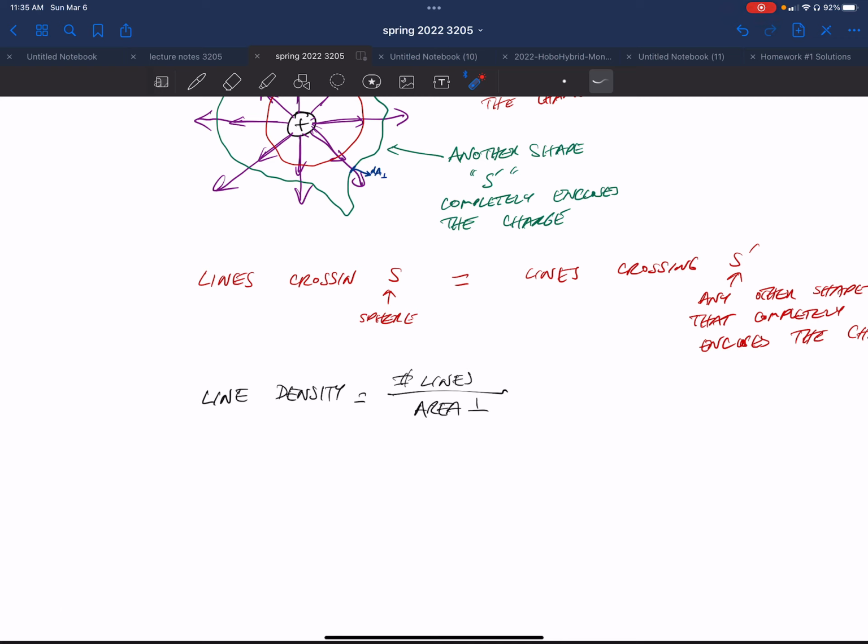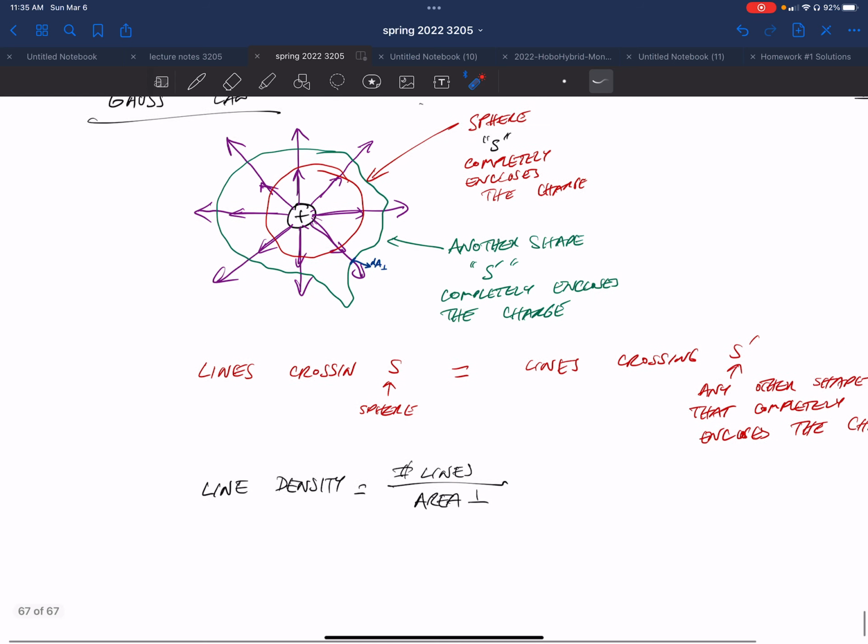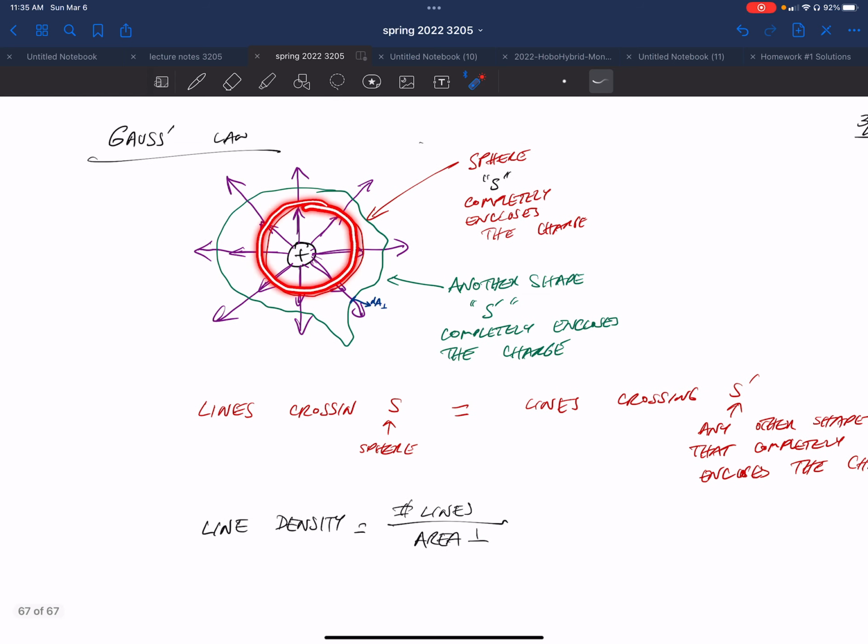Okay, so the line density in terms of S. The area perpendicular is guaranteed. This area of a sphere is guaranteed to be perpendicular to radial lines coming out.